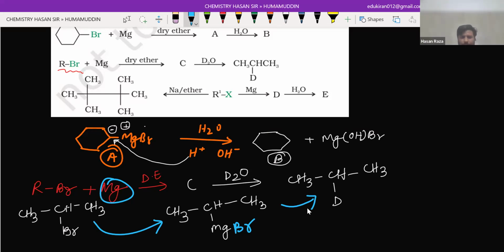So we repeat. See, if you are going to react this CH3, CH, CH3Br, in the presence of dry ether, this is what you will get, MgBr, because wherever Br is, Mg will come in contact with carbon. And when you are going to react this with D2O, again, D2O will have two parts, D plus and OD minus, in the same way as H2O has two parts, H plus and OH minus. This has positive, this has negative. So this will go to this and you will get this.